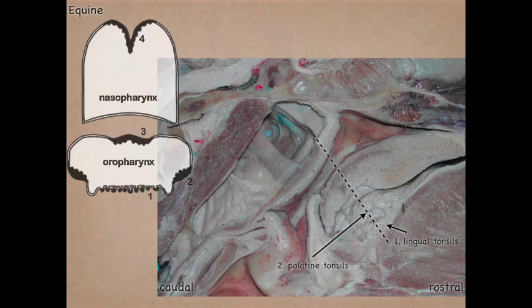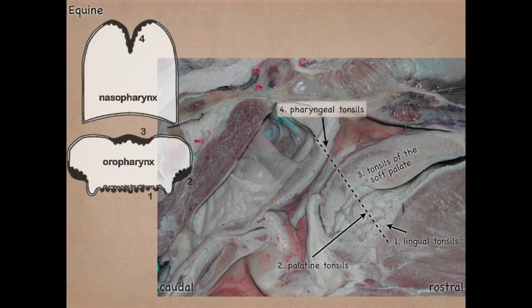Nothing like what we saw in the dog. We're going to have tonsils of the soft palate within the soft palate on that more ventral surface. And then in the dorsal caudal part of the nasal pharynx, we're going to see the pharyngeal tonsils. These pharyngeal tonsils generally regress with age.